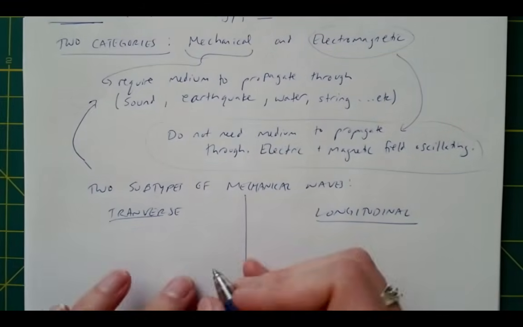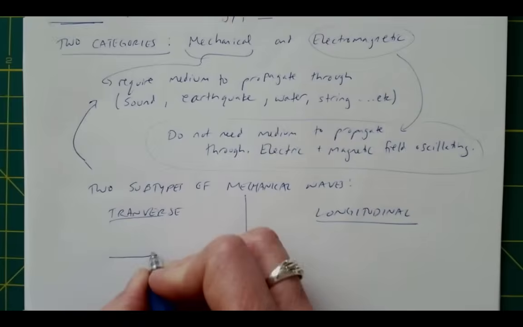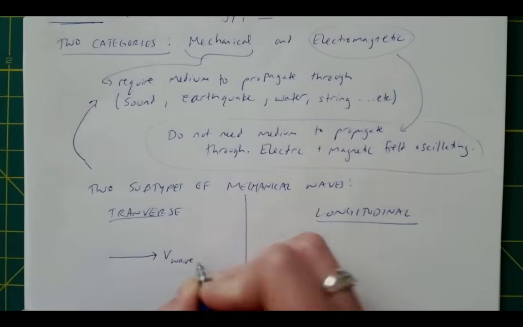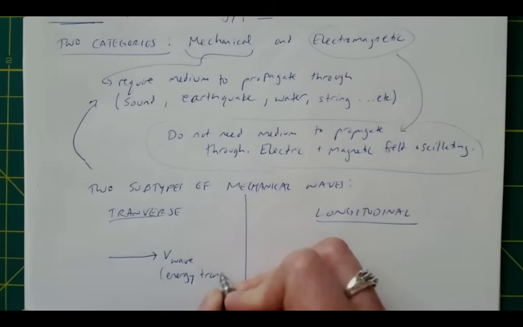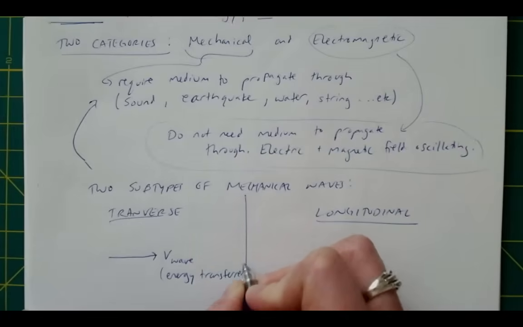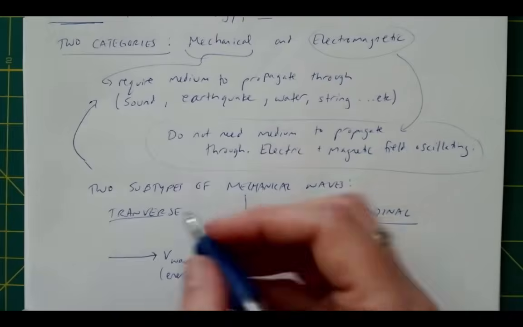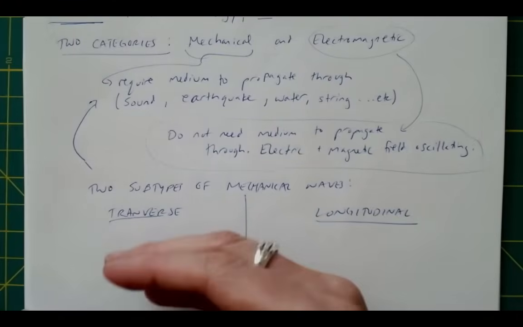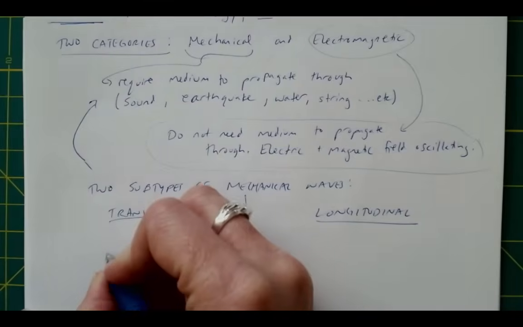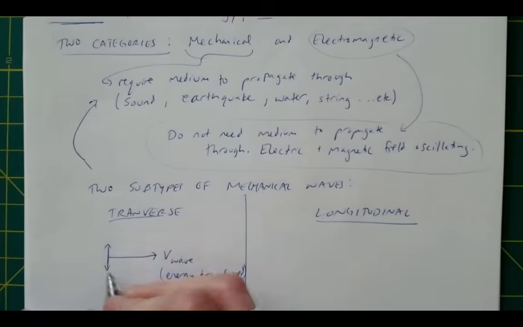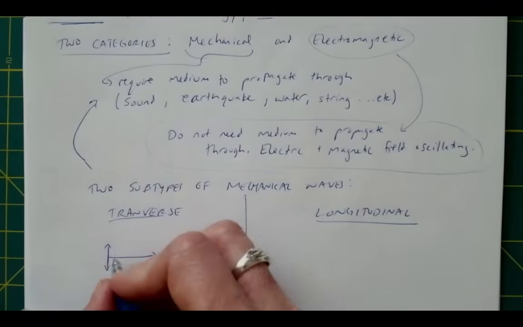So if you have your direction of the wave travel, say this is your velocity of the wave, that's the direction that the energy is going to be transferred. Then a transverse wave is when, talking about the individual atoms and particles in a wave, they're going to oscillate up and down perpendicular to the direction of the wave motion.